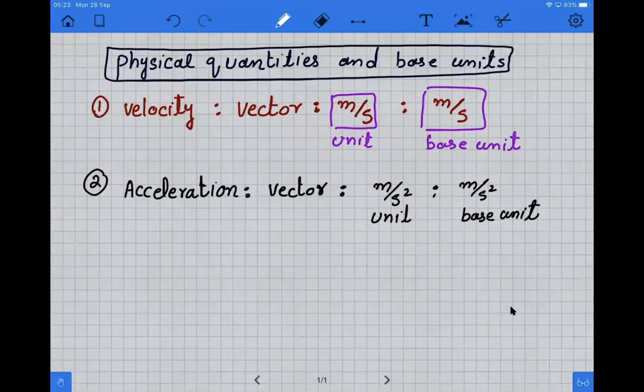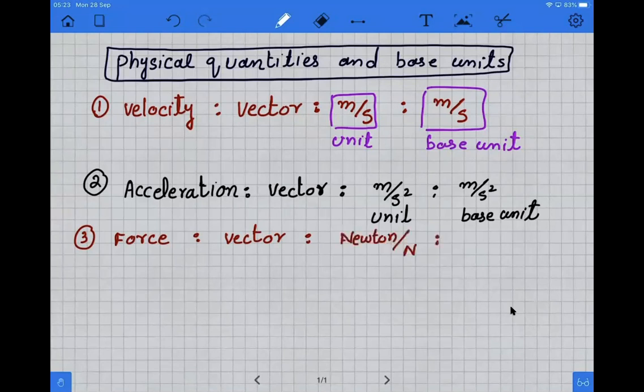Third quantity is number 3, it is force. Force is also a vector. Its unit is Newton. Now let's convert Newton into base units. We need a formula for any conversion of base units.